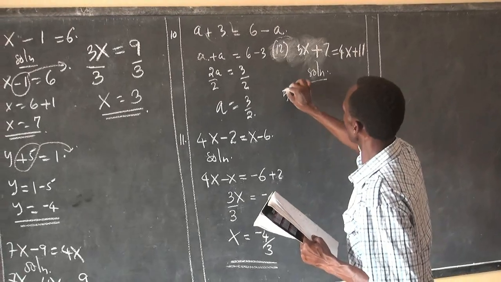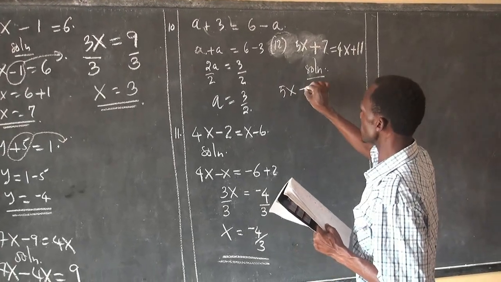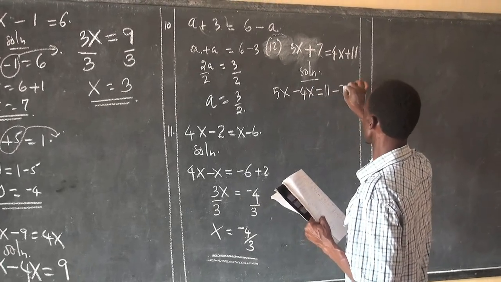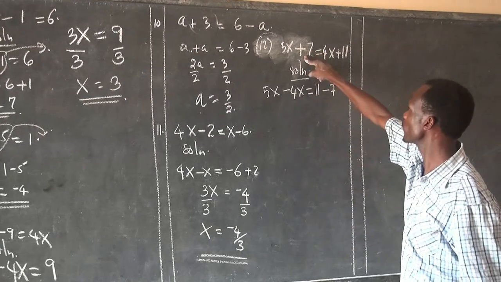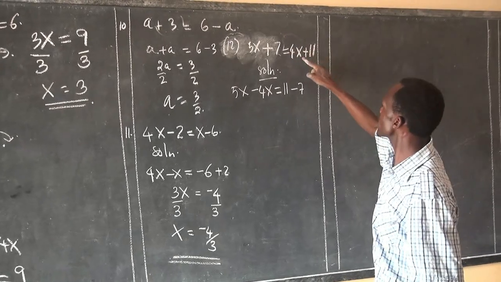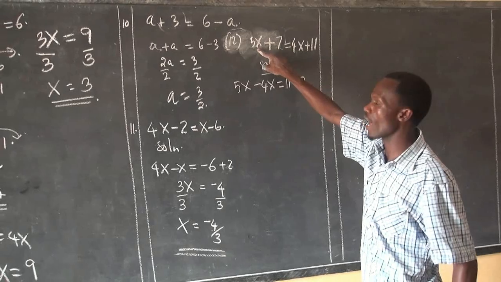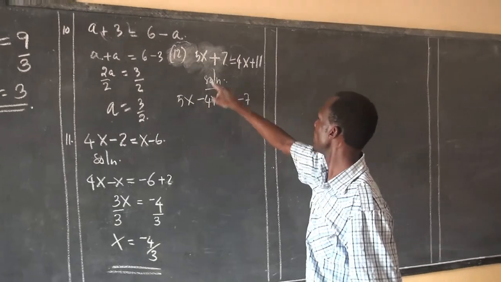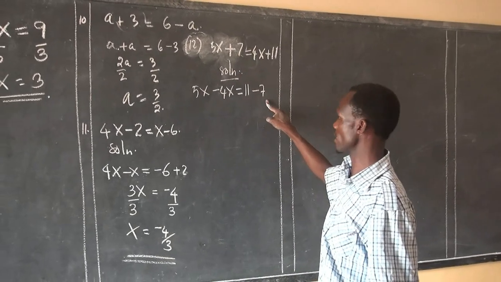Now, we have 5x minus 4x is equal to 11 minus 7. Because this is positive, I have taken it to the other side. This positive, I have taken it to the other side. Do you understand? Now it becomes negative 4x and this positive becomes negative 7.